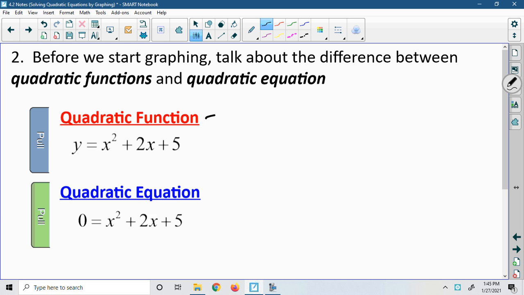Quadratic functions have y equals in them, and we use those mostly when we're graphing or analyzing something about the graph of the function. A quadratic equation, we set equal to 0. That's when we're trying to solve the thing. We want to solve for x. So just a slight difference in vocab words and different uses for those things.